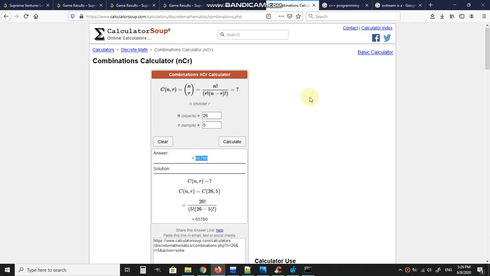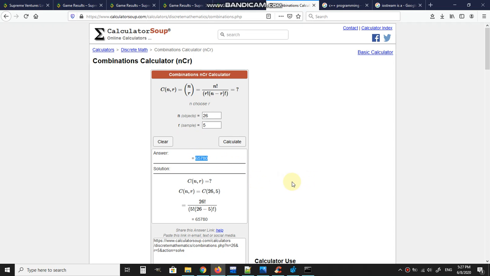And this brings us to the concept of combinations, permutations, and factorials. So for this specific game, you're choosing a sample of 5 numbers from 26. The possible number of outcomes is 65,780.